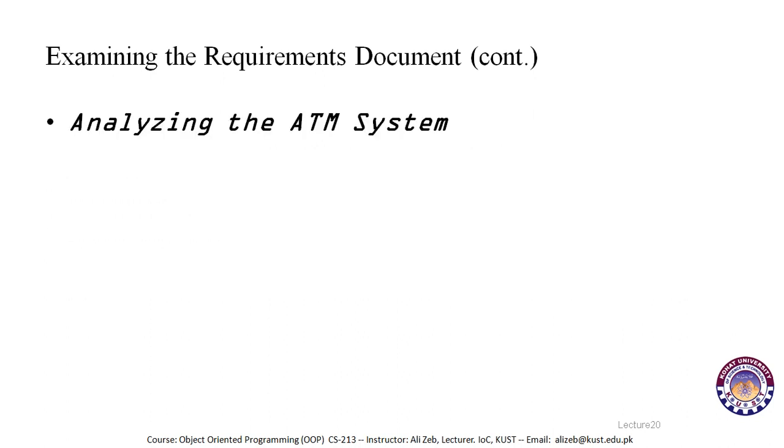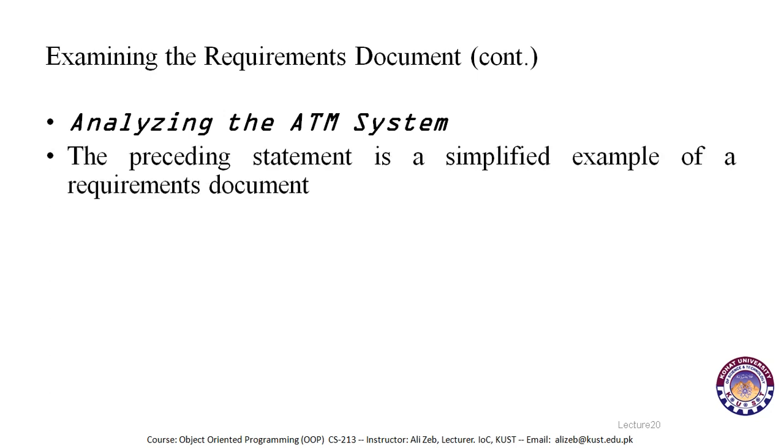Now to analyze the ATM system further, what we got was in the previous slides. The preceding statement is a simplified example of a requirements document, and that was maybe a very simple example of a requirements document.